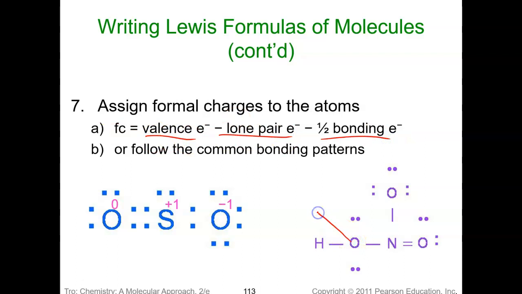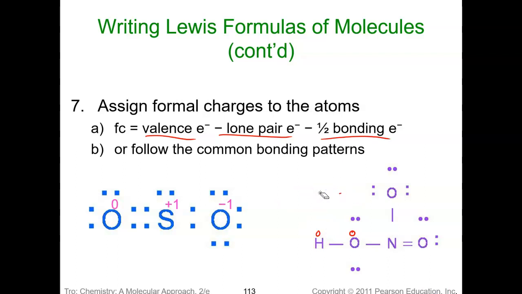So this oxygen has 6 valence electrons minus 4 free electrons minus 1, 2. Minus 2, which gives us 0. So this formal charge is 0. By the way, hydrogen's formal charge is just always 0.